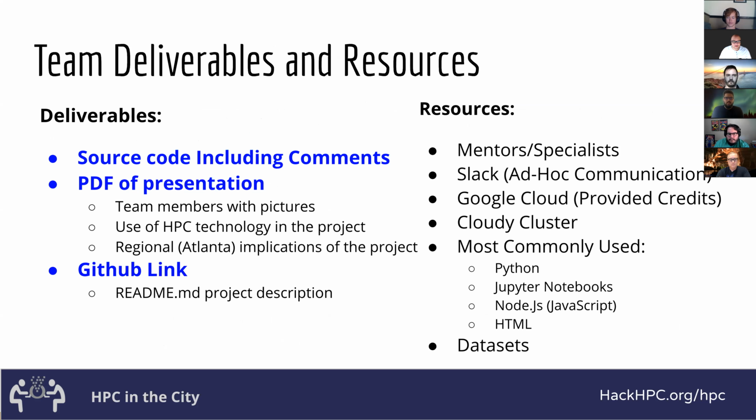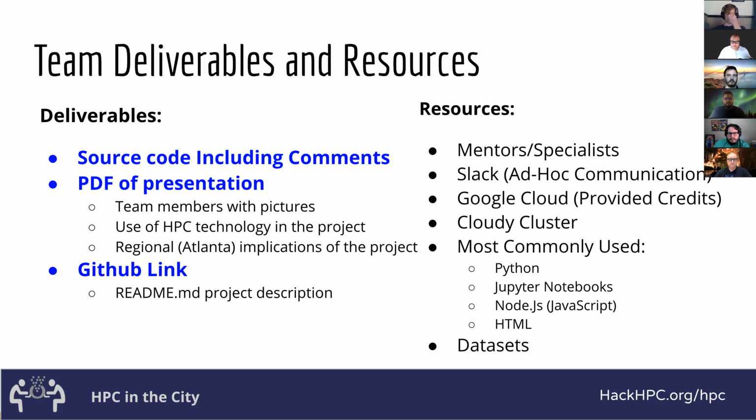The deliverables, just to put out there, as we always do, to remind all the participants of what's expected of you, include producing source code with comments in the source code. You'll see that in my code as well today. A PDF of your presentation, which you will, of course, be giving, that includes your team members, your use of HPC technology in the project, as well as regional or Atlanta-based implications of your project, how your project can impact the Atlanta area.